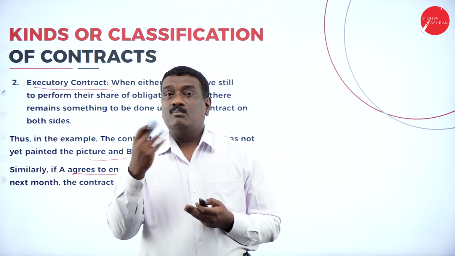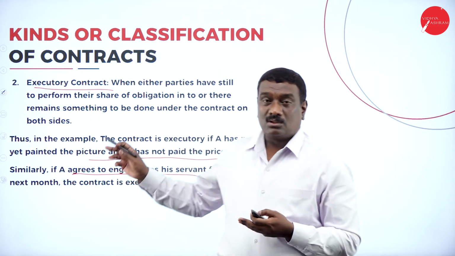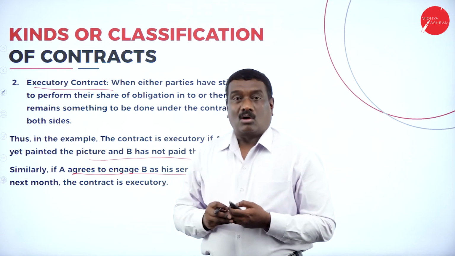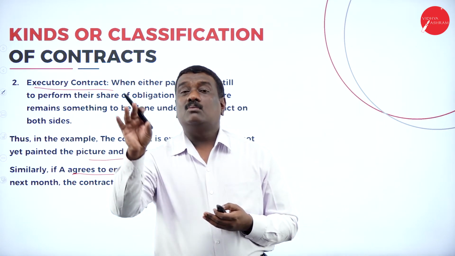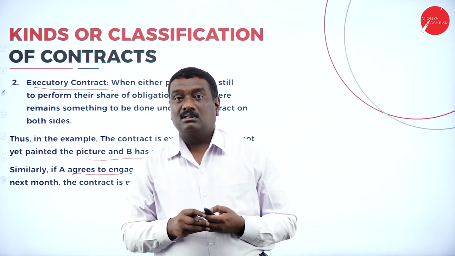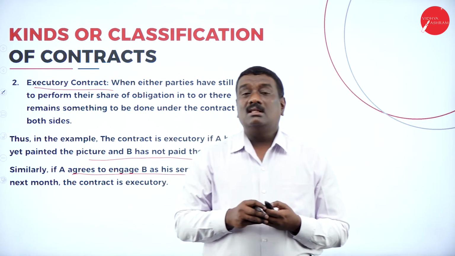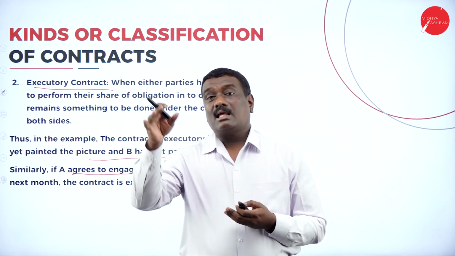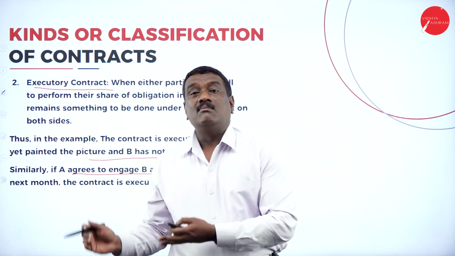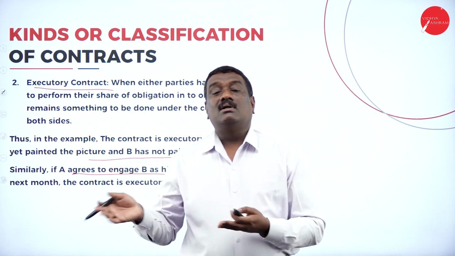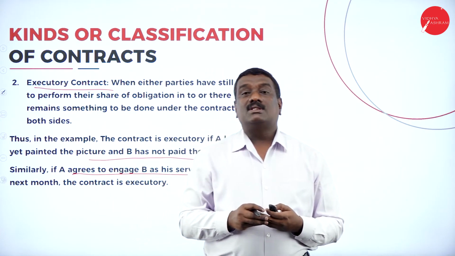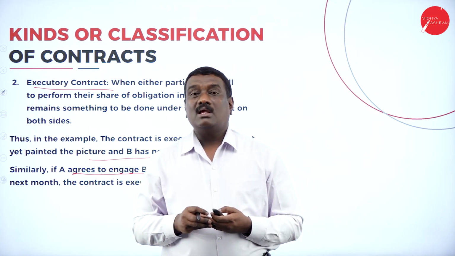In case I don't pay him, then according to this executory contract, it is due on my part that I need to pay the amount to him, which I have promised. So in that case, if I have not paid, then I can take him as a servant in my house, and make him work and give him whatever amount is due to him, or which is to be paid to him.